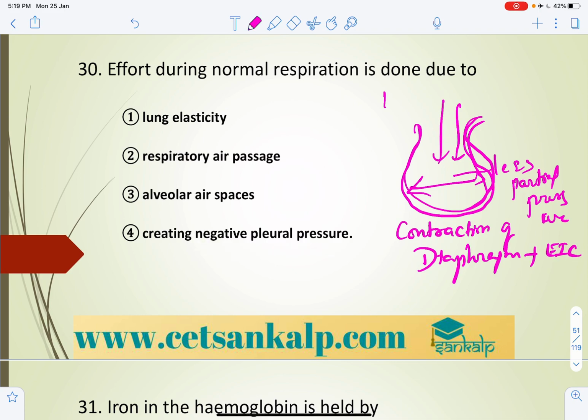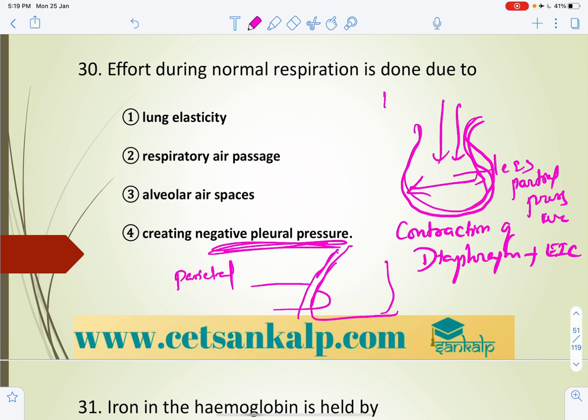negative pleural pressure is created. Between the parietal and visceral layers of the lung surface there is a cavity called the pleural cavity, and in that cavity the pressure decreases.